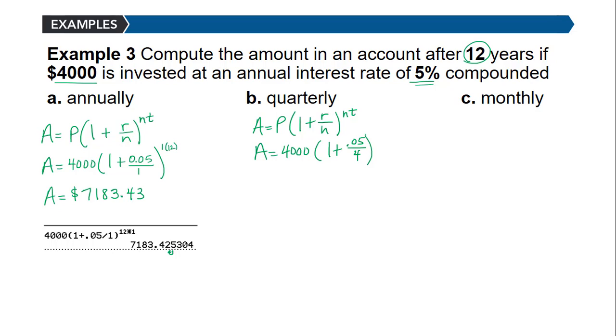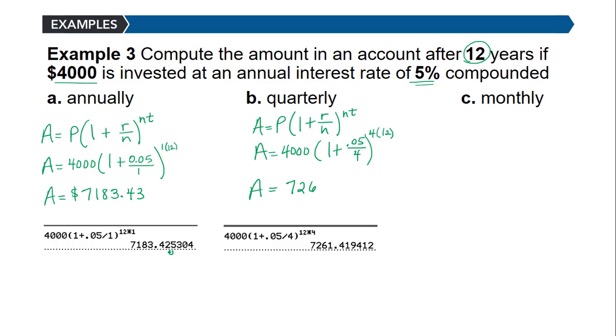And then we're raising that to 4 times 12. And again, on the calculator, we can compute what that would be. So 4,000 times 1 plus 0.05 divided by 4 raised to the 12 times 4. Our amount in the account would be $7,261.42.